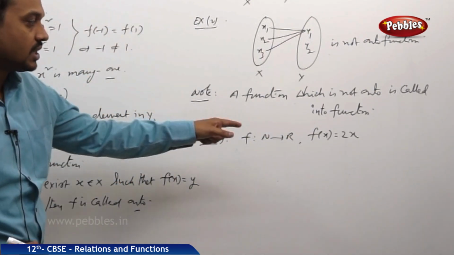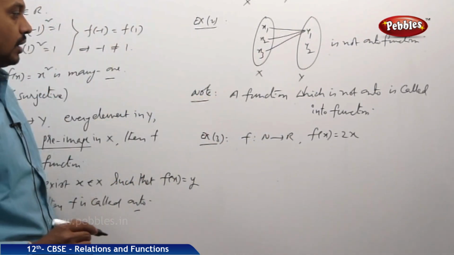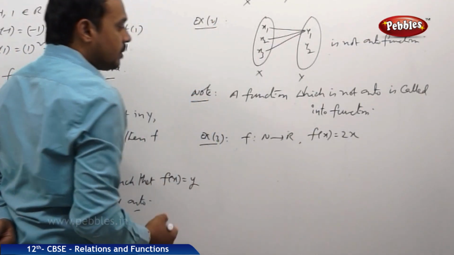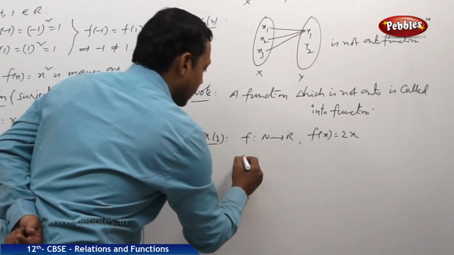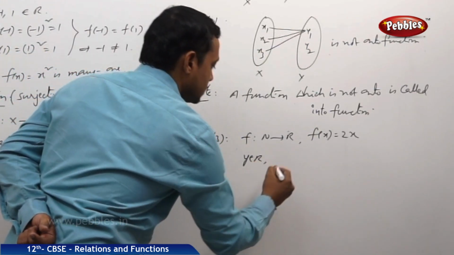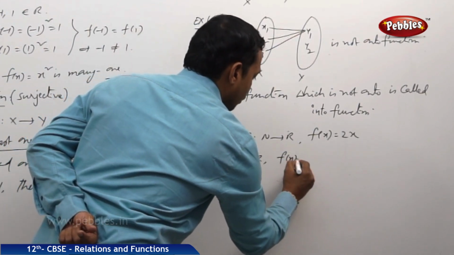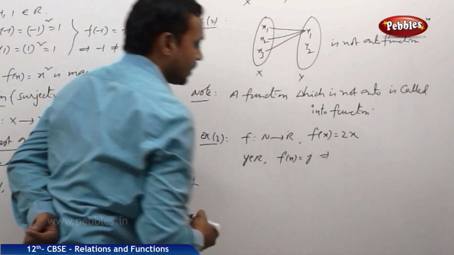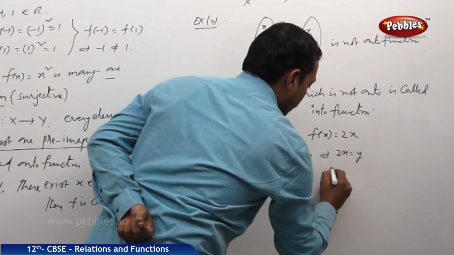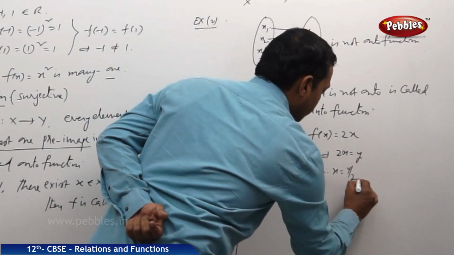Now let us check whether the same function is onto or not. Here R means the set of real numbers. I am taking some element y belongs to R such that f of x is equal to y. That means 2x is equal to y. Therefore, x is equal to y by 2.